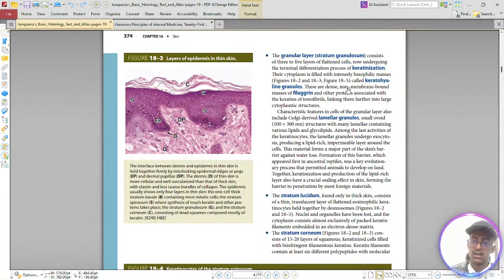These are dense non-membrane bound masses of filaggrin and other proteins associated with keratin of tonofibrils, linking them further into large cytoplasmic structures. Characteristic features in cells of the granular layer also include Golgi-derived lamellar granules, small ovoid structures with many lamellae containing various lipids and glycolipids. Okay, cool.